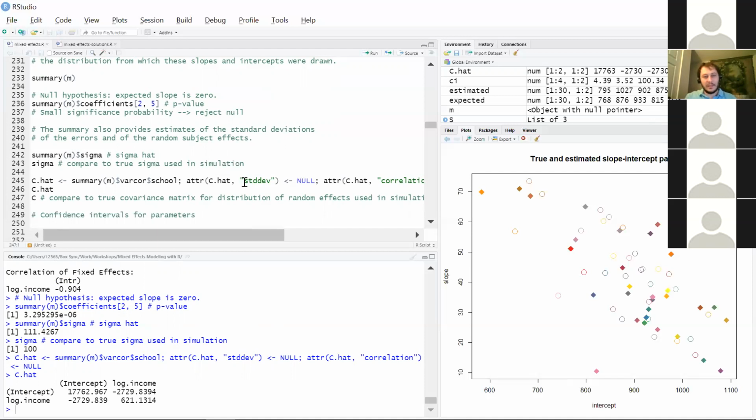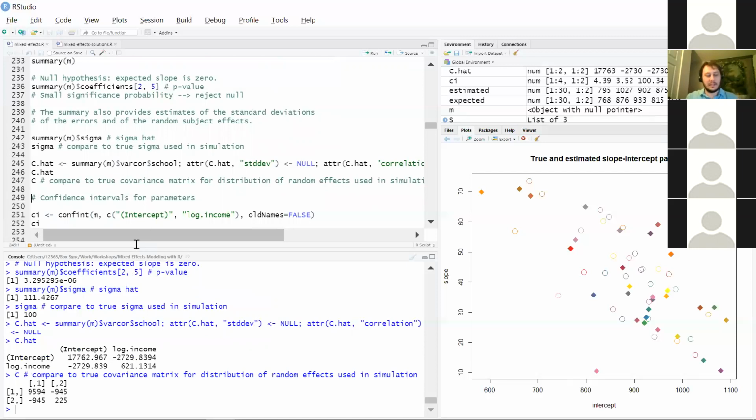So in this case, you don't just have a single standard deviation and you don't just have two standard deviations, you have a covariance matrix, because we're allowing the possibility that slope and intercept are correlated. And that is a very good idea to allow for that. And it's the default, so it's not something you have to worry about.